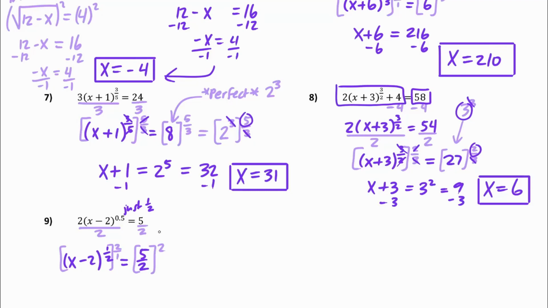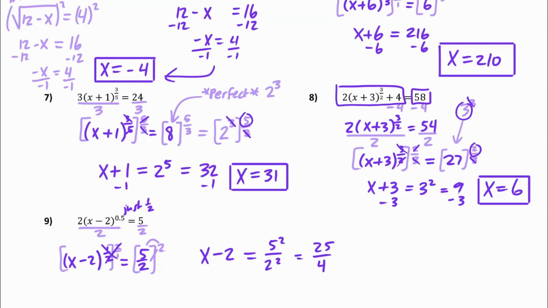As you know with exponents, you can just toss that exponent into the numerator and denominator. Every single base gets distributed exponent to exponent with that 2. And so now I'm going to have x minus 2, because these have canceled out, equals 5 squared over 2 squared, which is just 25 over 4, 25 fourths.